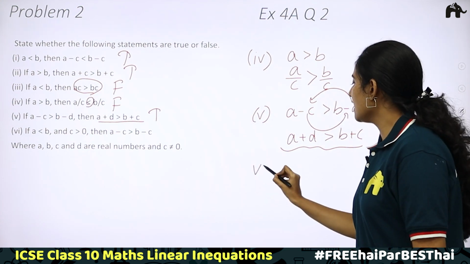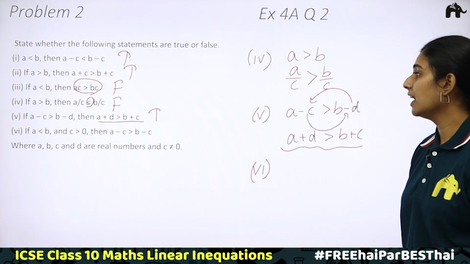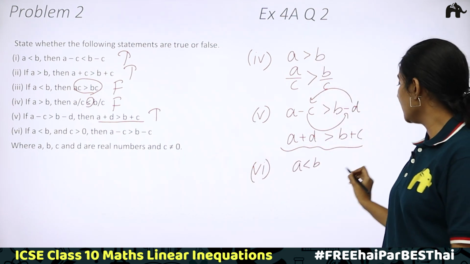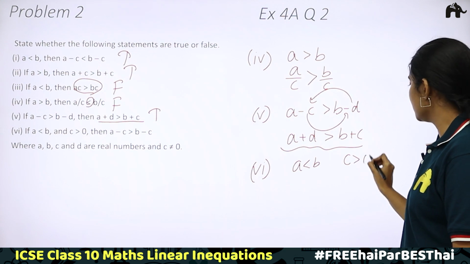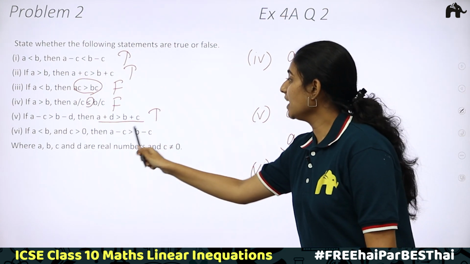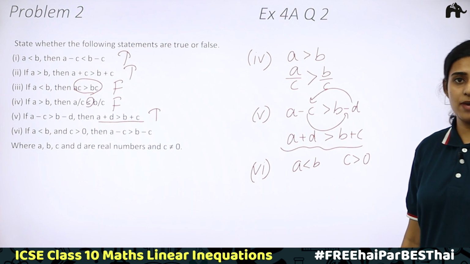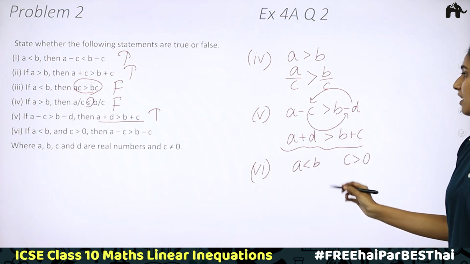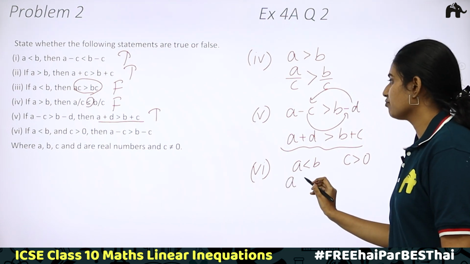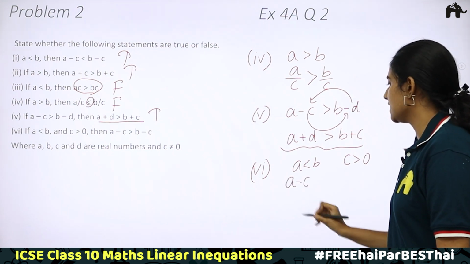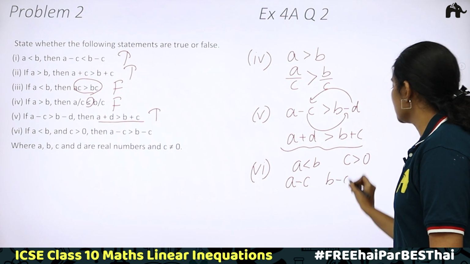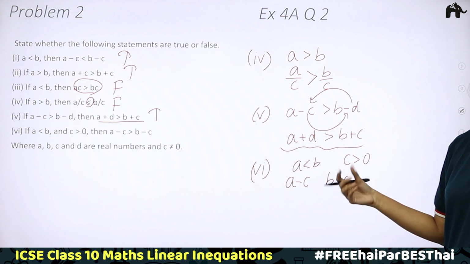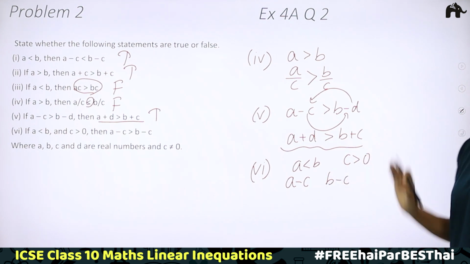Now, the last one, the sixth one. If A less than B and C greater than 0, then A minus C greater than B minus C. Subtracting C from both sides: A minus C, B minus C. C is a number that is greater than 0.